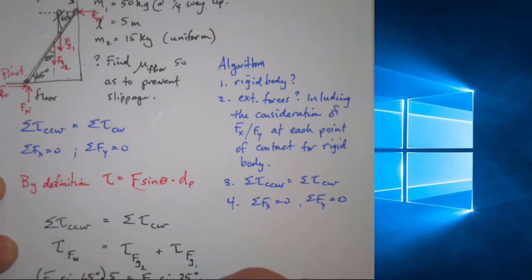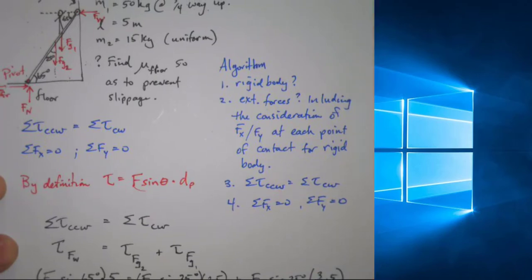It's a uniform ladder, so it's halfway up that ladder's length, so that's 2.5. And plus Fg1 and its percentage acting perpendicular to the beam, sine 25 degrees, times its distance up the beam, which we have been informed is 3/4 of 5.